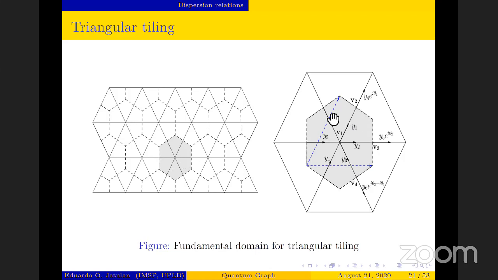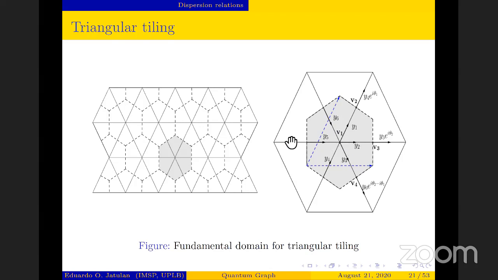Now if we consider this fundamental domain, we can cut it through the edges of this quantum graph. Then we have the potential Q5, and this potential Q2.